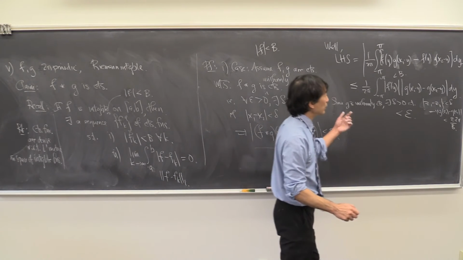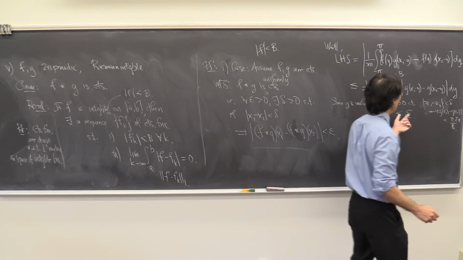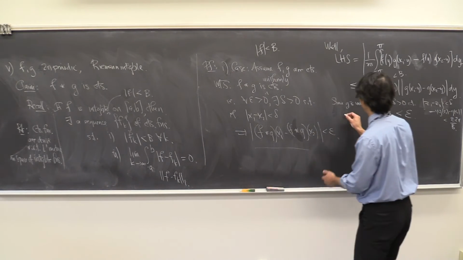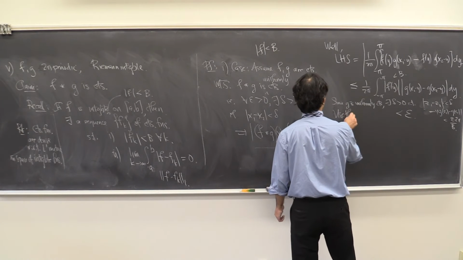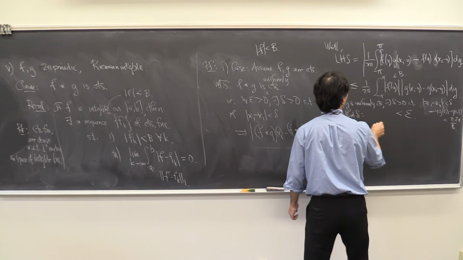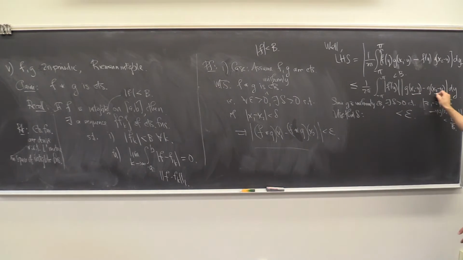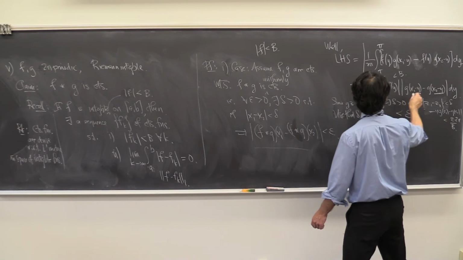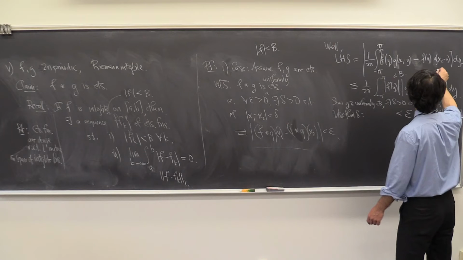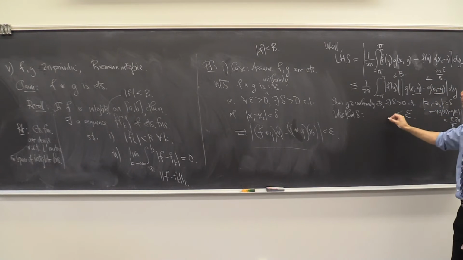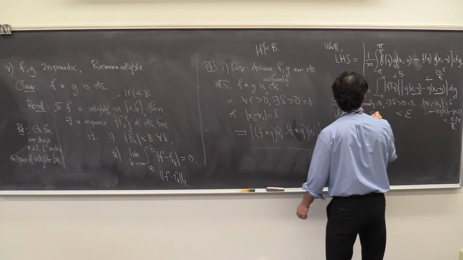Use that delta. Then x1 and x2 are within delta of each other, so x1 minus y and x2 minus y are within delta of each other. And so we get that this thing is bounded by 2 pi epsilon over b, and so we get smaller than epsilon.